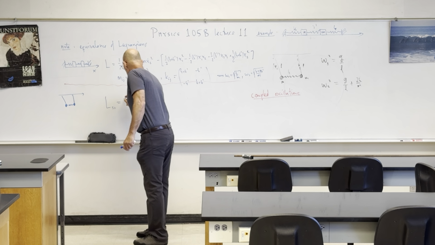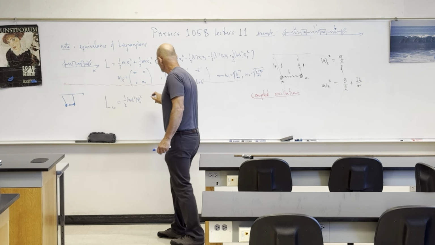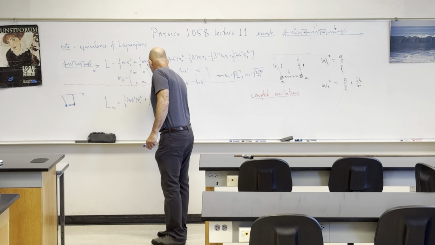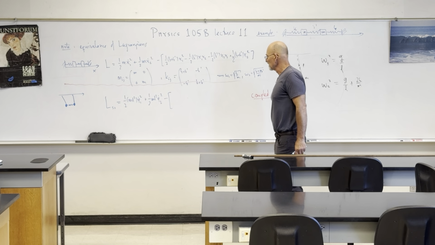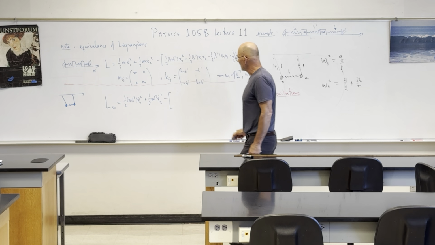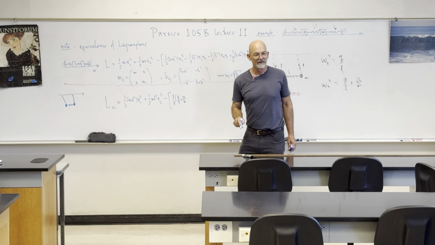It was 1/2 M L squared theta 1 dot squared, plus 1/2 M L squared theta 2 dot squared. And you guys help me out with this. We had 1/2 G over L plus 2K over M. Is that what we had there, Thomas?